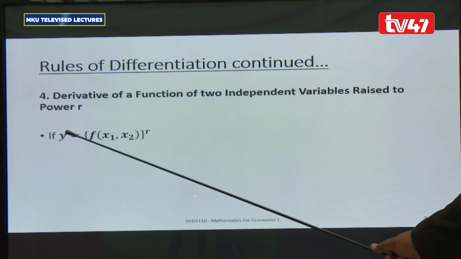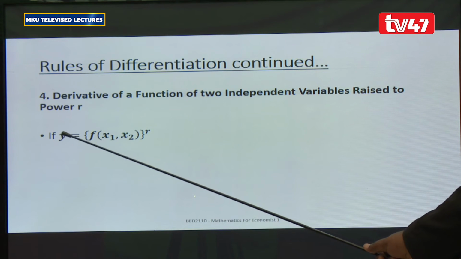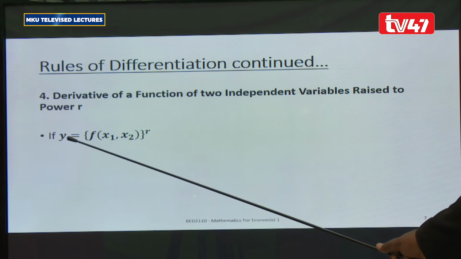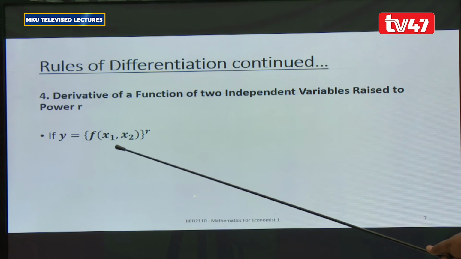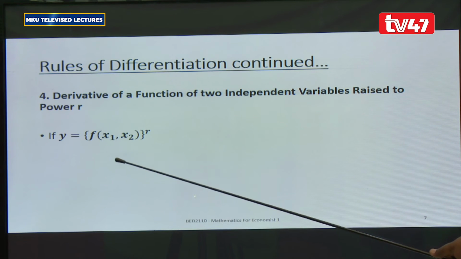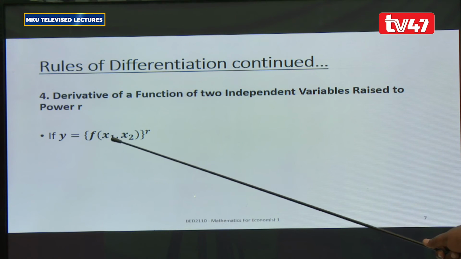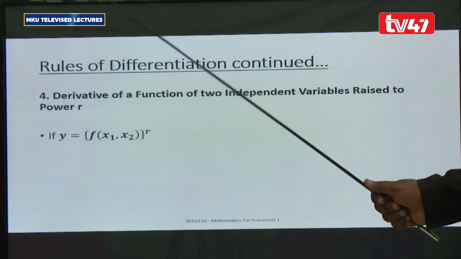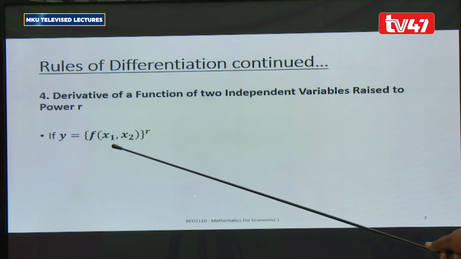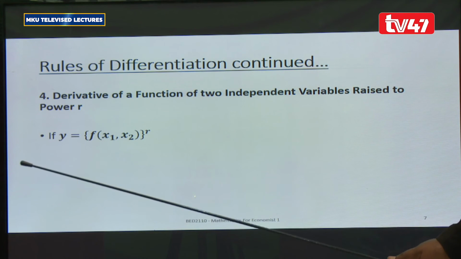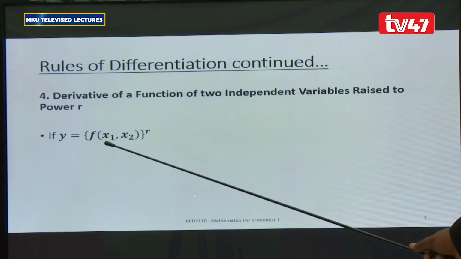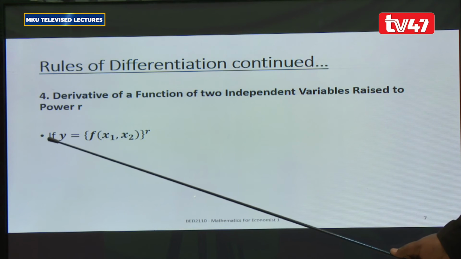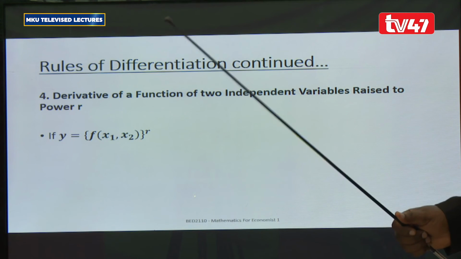So for the outer function, we shall calculate the partial derivative with respect to u, and for the inner function, which is u, we calculate the partial derivative du/dx. When we multiply the two, we are able to get our partial derivative for the function. Let's get an example for this so that we are able to understand it better.